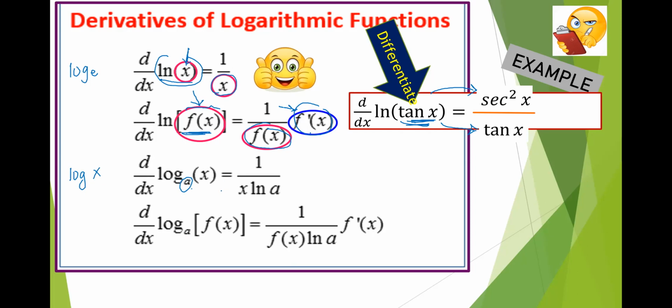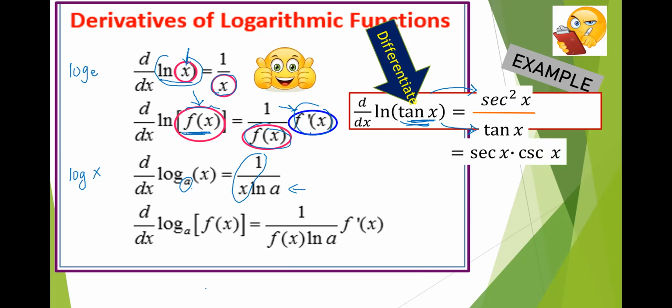Understood base ng logarithm. So if you have this one, andun pa rin yung 1 over x factor, tapos meron ka lang ln a. Sa exponential, yung ln a kasama nung nasa taas, nasa e. Kaya lang dito, nasa denominator si ln a.